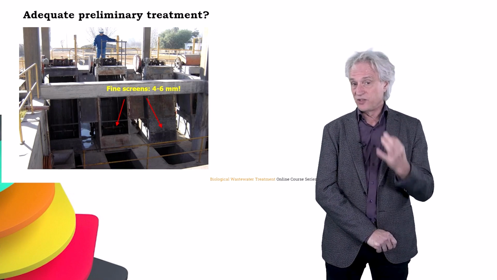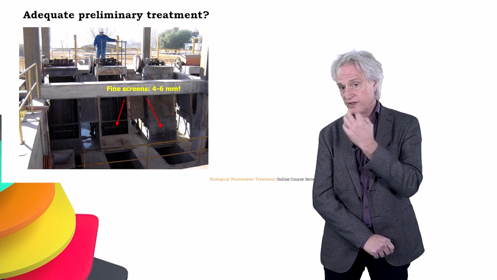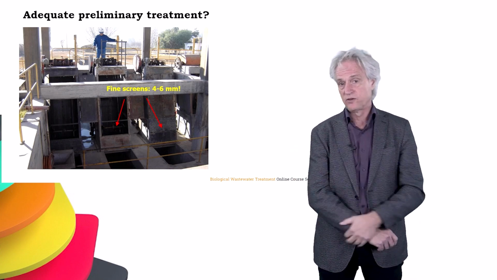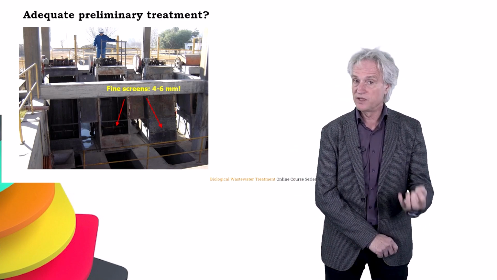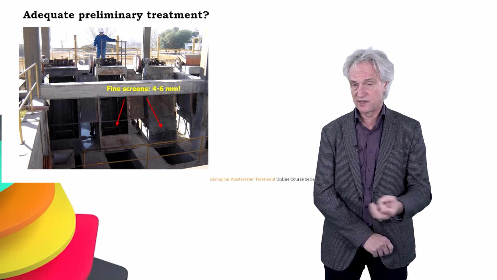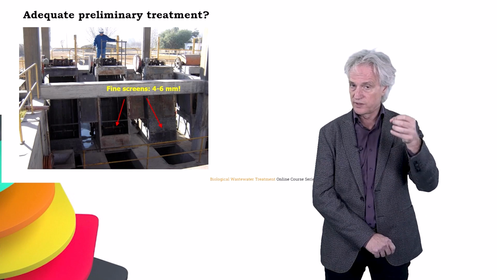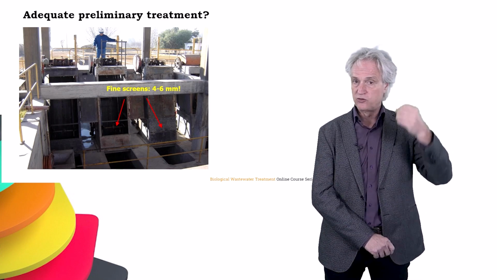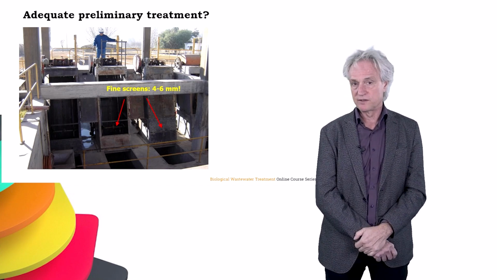Important is the primary treatment, the preliminary treatment of the influent before it enters the anaerobic reactors. I mentioned in the beginning that fine screens might be necessary, since we feed the reactor with these individual inlet tubes from top to bottom, and clogging should be prevented.